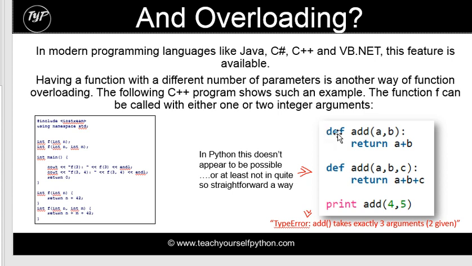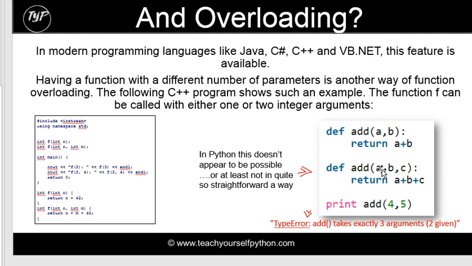Now if you look at this particular example here, you have a function which is adding 2 parameters a and b, and you redefine the function using the 3 different parameters which are being passed. Now when you print add 4 and 5, it doesn't actually recognize this polymorphic thing that we're trying to get to happen, or overloading.